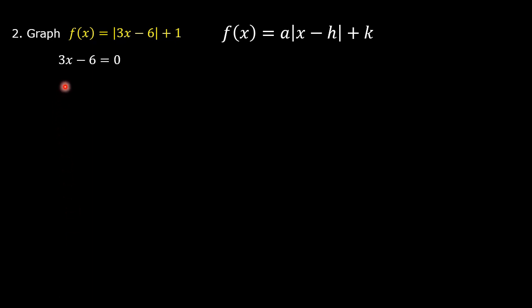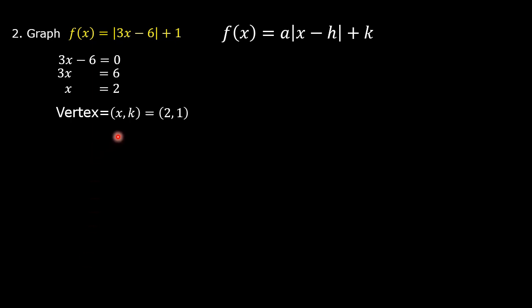So we have 3x minus 6 is equal to 0. We transpose negative 6 to the right side, changing the sign from negative to positive. So 3x is equal to 6. Divide both sides of the equation by 3. x is equal to 2.